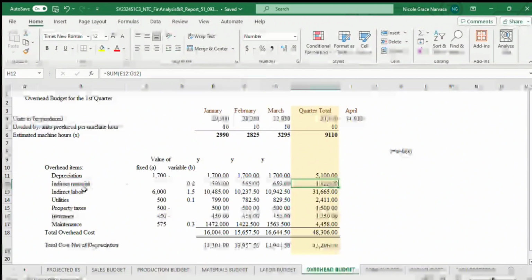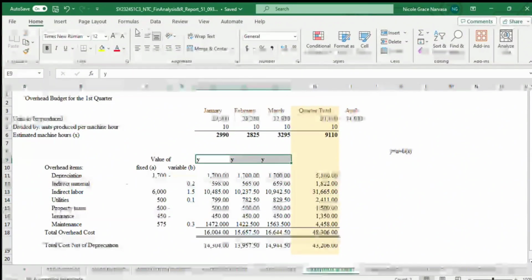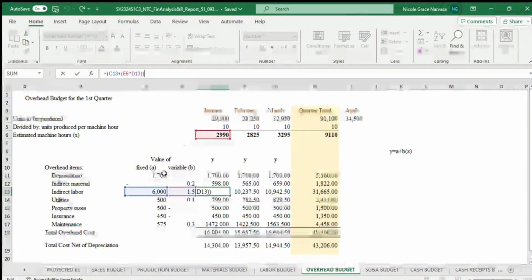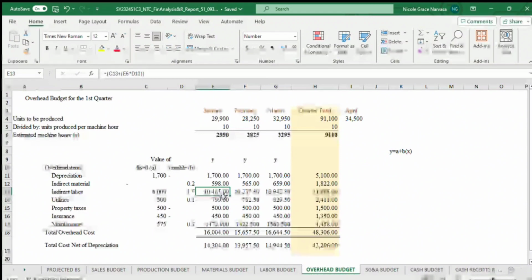Next is indirect labor. To get the indirect labor for the month of January, A is equal to fixed, which is 6,000, plus B, 1.5, multiplied by the estimated machine hours for January, which is 2,990, to get the total of 10,485.